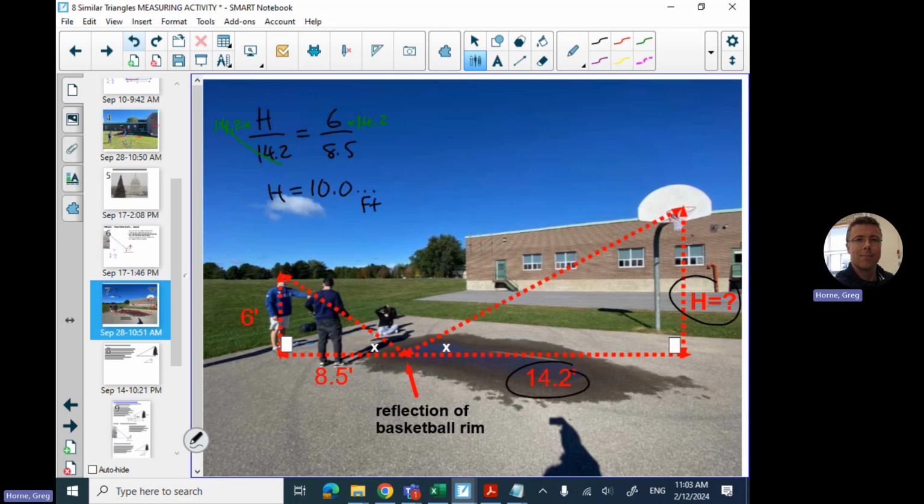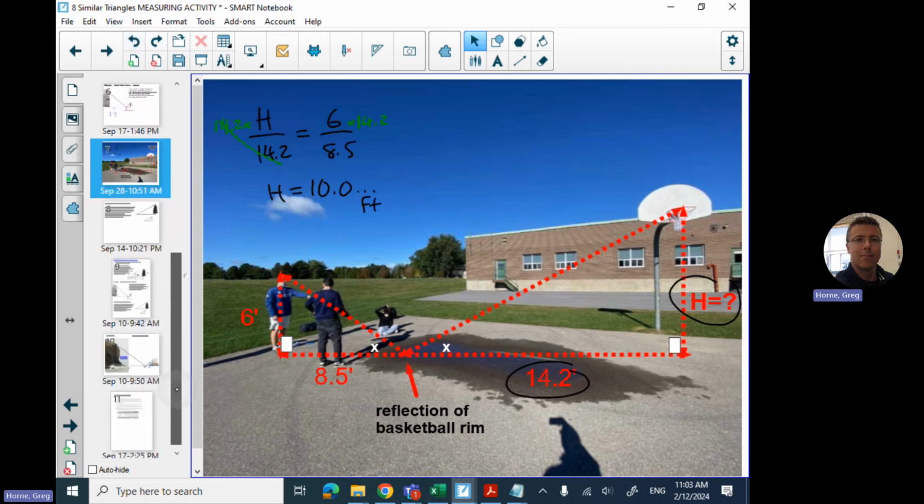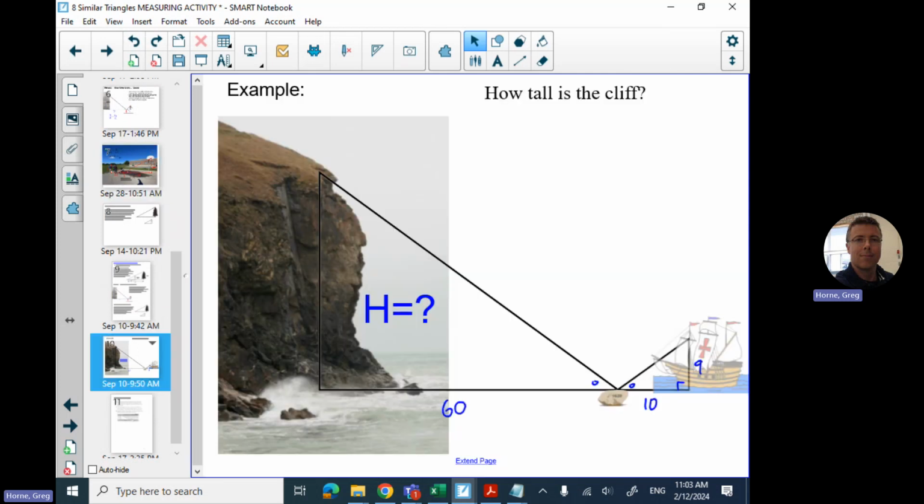So it's the right height. Truthfully, I made up the numbers, but you get the process like this. Some of them are more realistic and very doable, obviously. Here's a picture with just the math that would go along with it. Is it realistic to actually measure the height of a cliff with a ship or rock and so on? Maybe not, but the math certainly would still work.